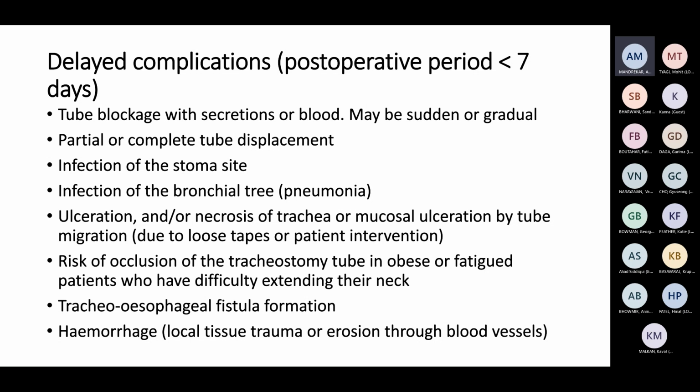Also, when the tube is displaced, it could cause compression on the tracheal mucosa, and that will disrupt the blood supply, leading to things such as ulceration and necrosis, and that would also lead to stenosis in the long run. Other things like fistulation, like tracheoesophageal fistula, can happen as well.